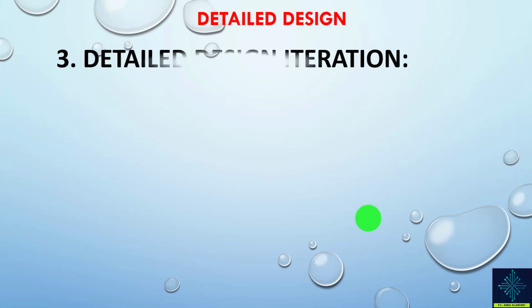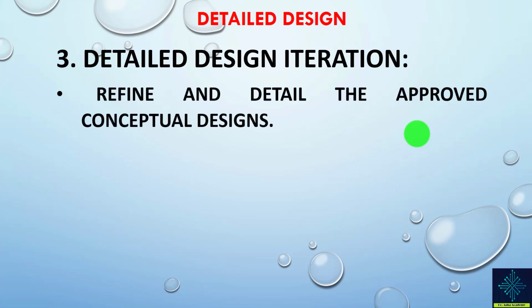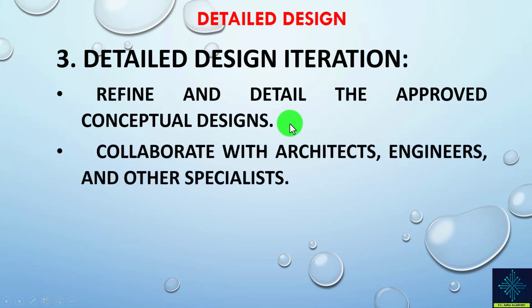Then another iteration, the third iteration, which is the detailed design iteration. Here we refine and detail the approved conceptual designs. So we go into more detail of the designs as long as the concept is approved.